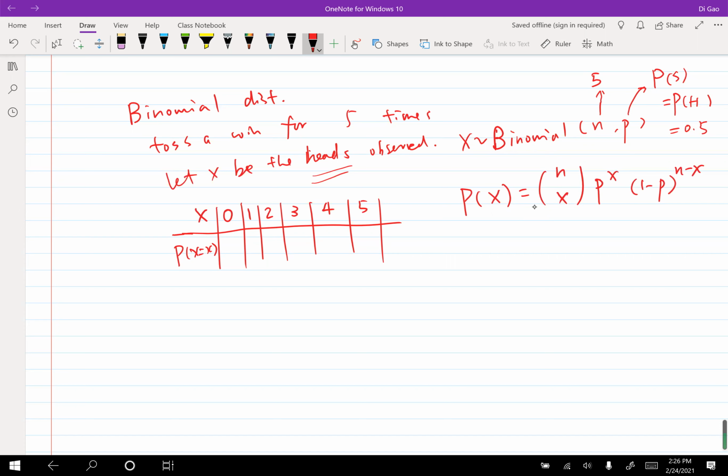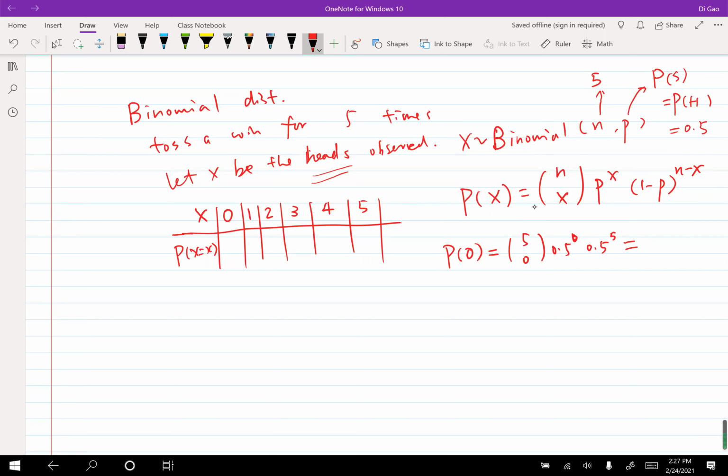When we want to know the probability of 0, that is 5 choose 0, 0.5 to the 0, times (1 minus p), which is 0.5 to the 5. 5 choose 0 is 1, since there's only one way to choose nothing, and anything to the power of 0 is 1.